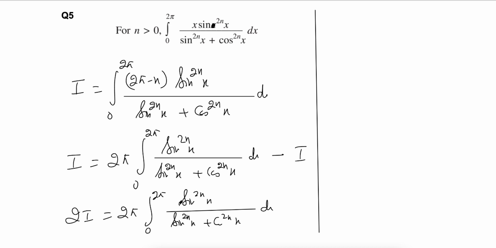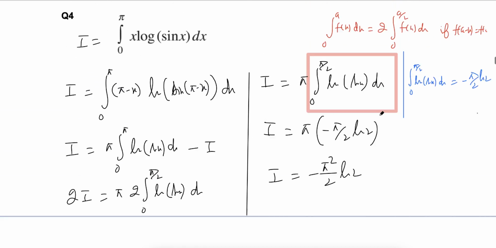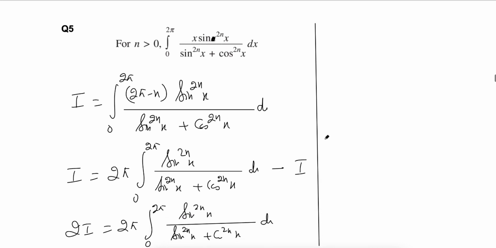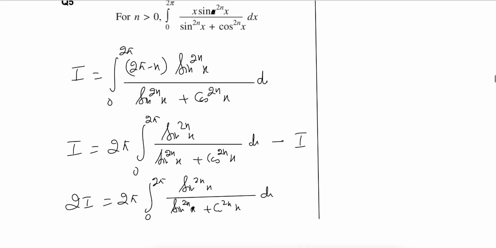Watch it. Here, if we apply that property, which property? 0 to a fx dx. That property which I told you, right? This property we can apply. So this part will become, only this part I am talking, 2 into 0 to pi, and same thing, because 2 pi minus x is this. So we can say same thing will come.